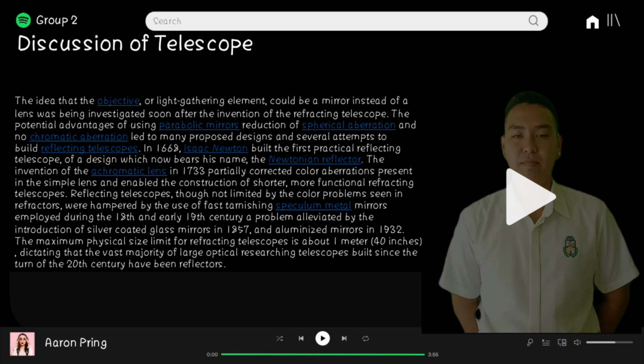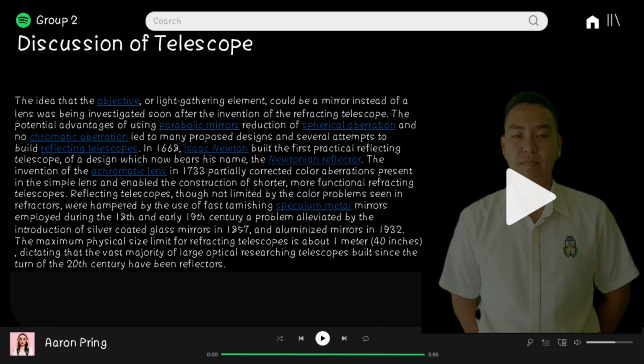In 1668, Isaac Newton built the first practical reflecting telescope, of a design which now bears his name, the Newtonian reflector. The invention of the achromatic lens in 1733 partly corrected the color aberration present in the simple lens and enabled construction of shorter, more functional refracting telescopes.